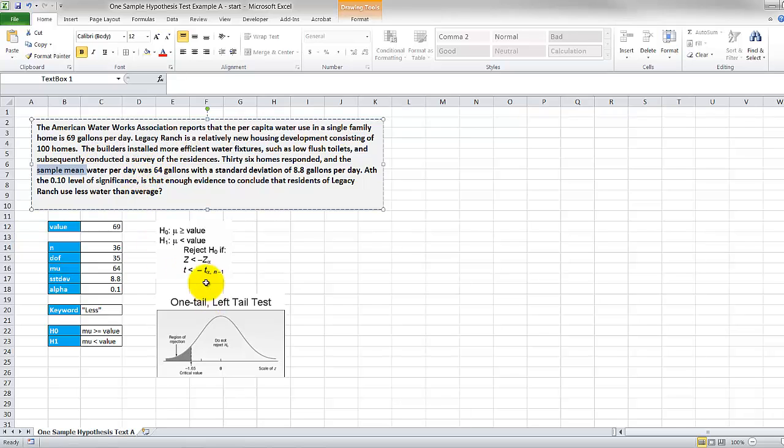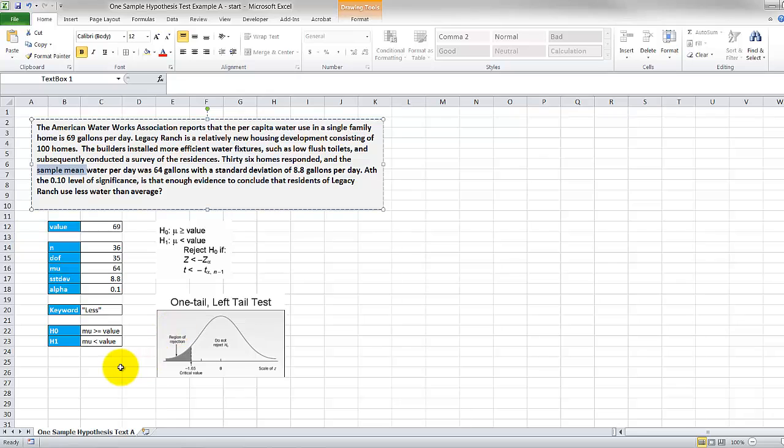So we have to assume that we're going to use the T, because we weren't explicitly told that the population would mean that we had all the information through the 100 homes in this Legacy Ranch area of town. So we have the sample. We have 36 actual samples of the 100. So that's a sample by definition. So we're going to use the T.